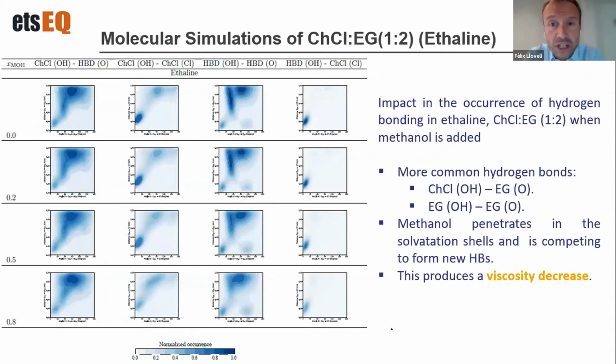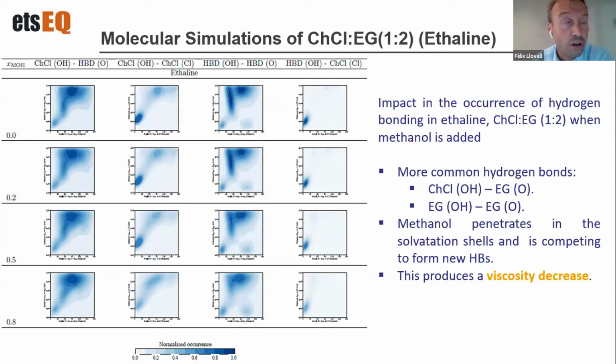Now I'm just moving to another work that was recently also published by some collaborators, by Jose Matias Garrido and Hector Quinteros from Chile, where they performed different molecular simulations of choline chloride combined with ethylene glycol. This is called the ethaline. They studied the impact of this molecule in this system when alcohol was added, in particular methanol.